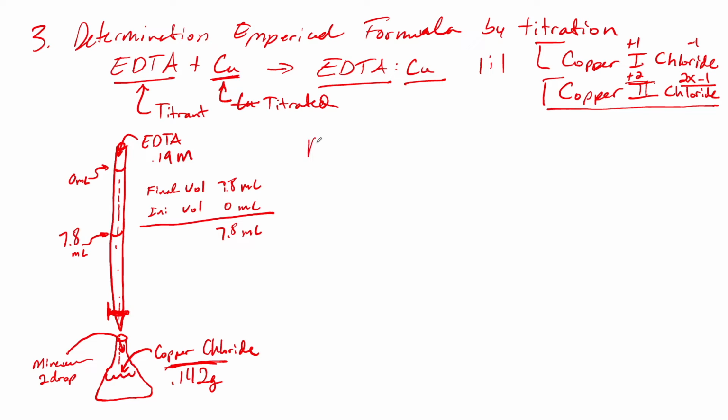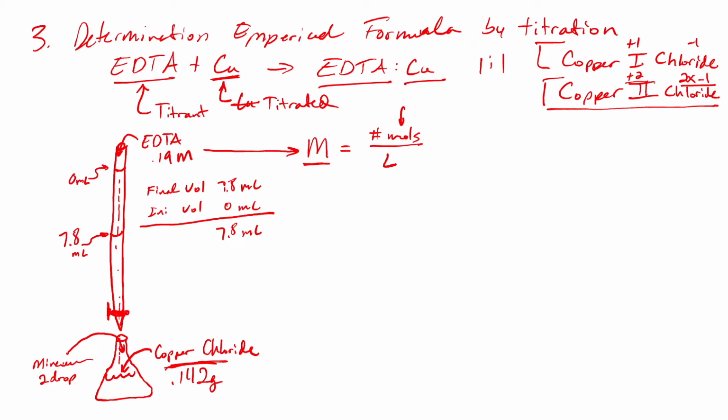And so just like last time, molarity equals number of moles divided by the liters of the solution. And just as a reminder, don't forget that big M is molarity for concentration, and little m is mols, number of moles. And so we'll put our concentration of EDTA that we had at the beginning there.